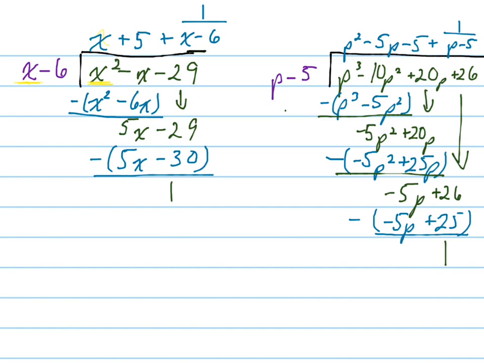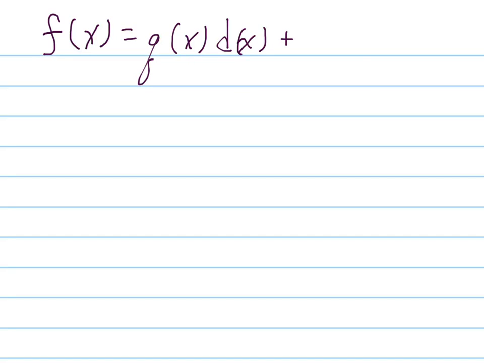And that's related to the division algorithm. And you're like, what is the division algorithm? So this is what it is. The division algorithm is f of x equals q of x times d of x plus r of x.